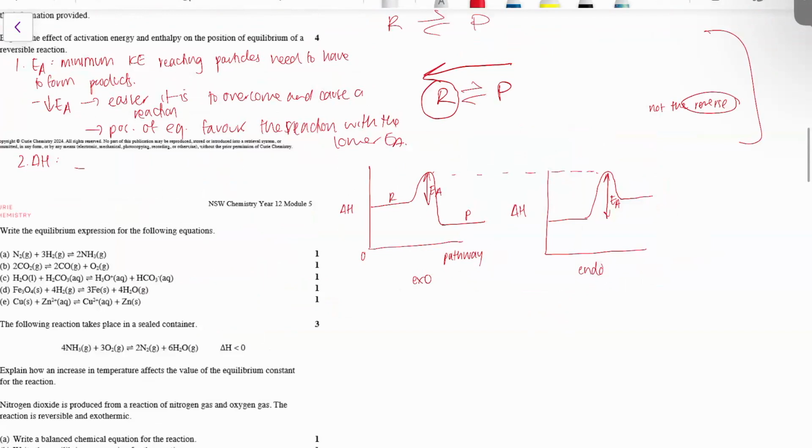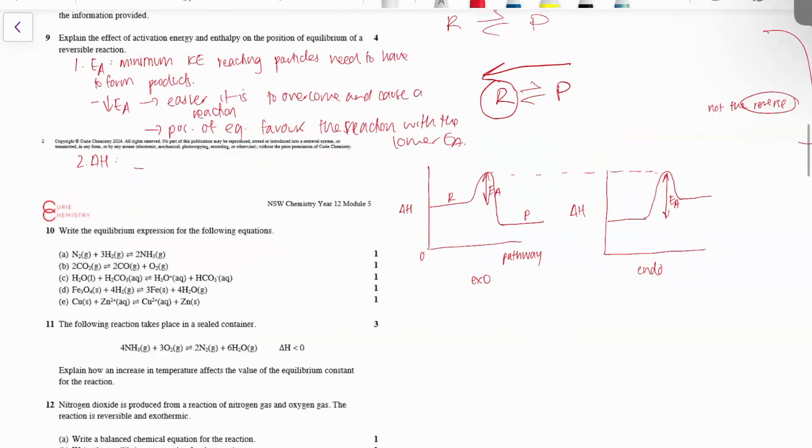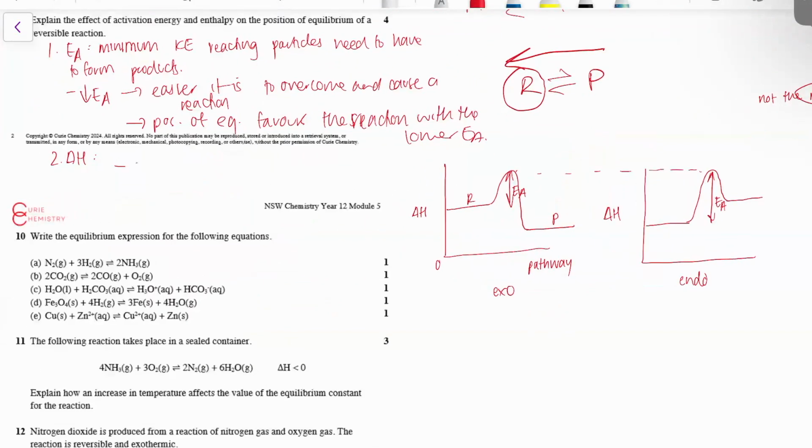So then your answer to part B is going to be: endo reactions have positive delta H, exo reactions have negative delta H, and activation energy of endo reactions is higher.